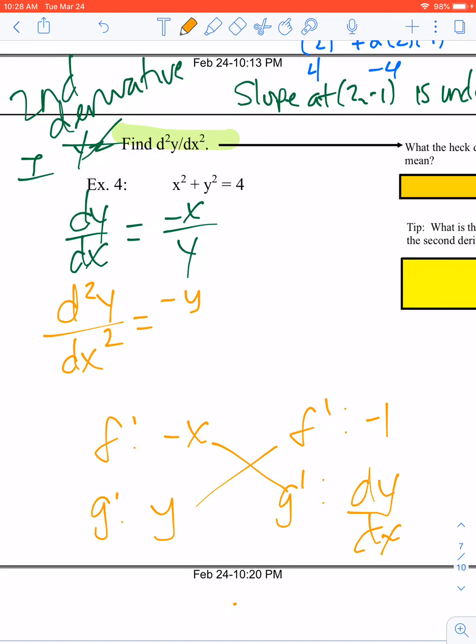Then here is where we're going to have something that we're going to have to deal with. Reminder that I get a negative from quotient rule, but because my f is negative, that's going to turn it into a positive, x dy dx all over g squared, y squared.